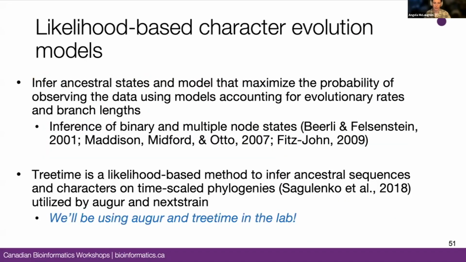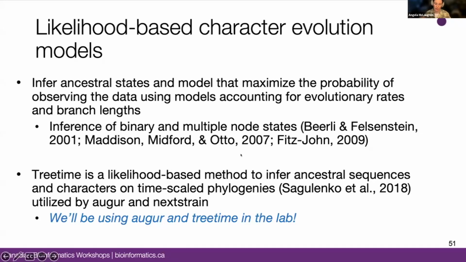And another important approach you might consider is to use likelihood-based methods. So here we're inferring the ancestral states and model that maximize the probability of observing the data, using models that account for evolutionary rates and branch lengths.